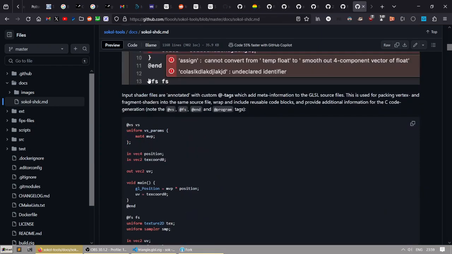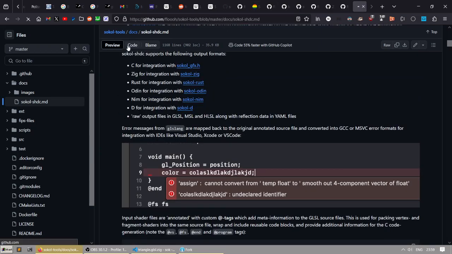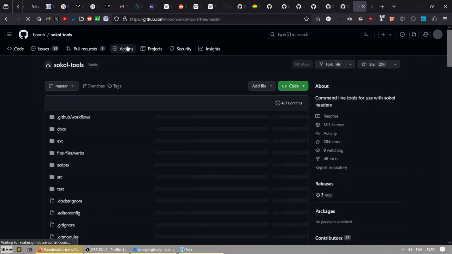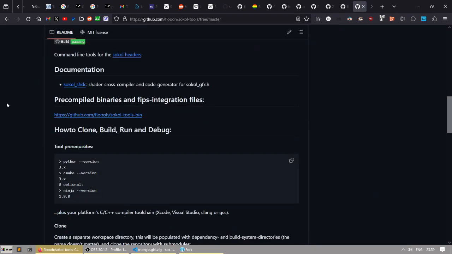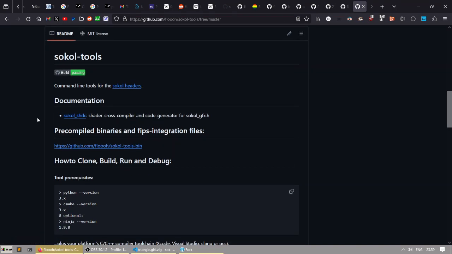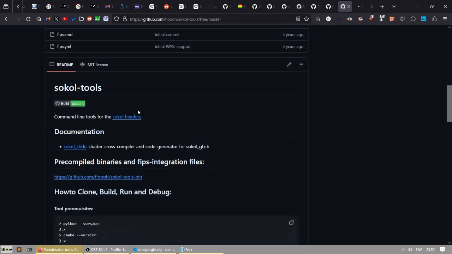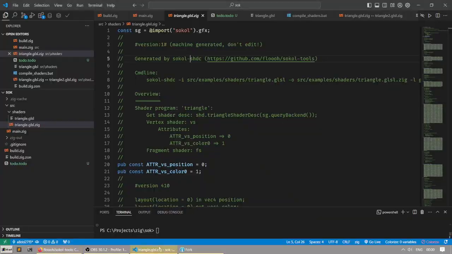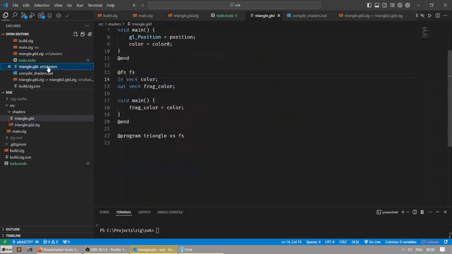So yes, basically you come to the Sokol tools GitHub, and then you need to download, well, there are actually binaries that you can download, precompiled binaries. So this is a compiler that will convert your shader, which is written here, right?